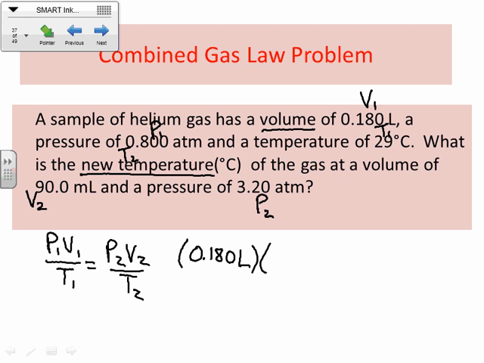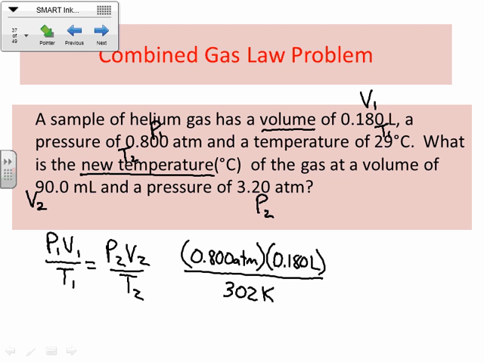You probably should do that first, just so that we're writing it the same way we wrote the equation. 0.800 atmospheres times a volume of 0.180 liters divided by our temperature, which is 29 plus 273. Okay? So it's 302 Kelvin.